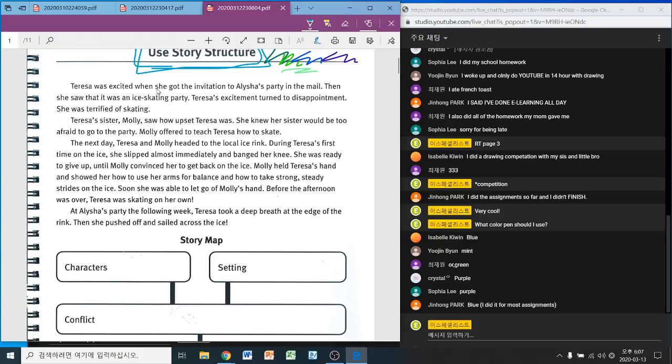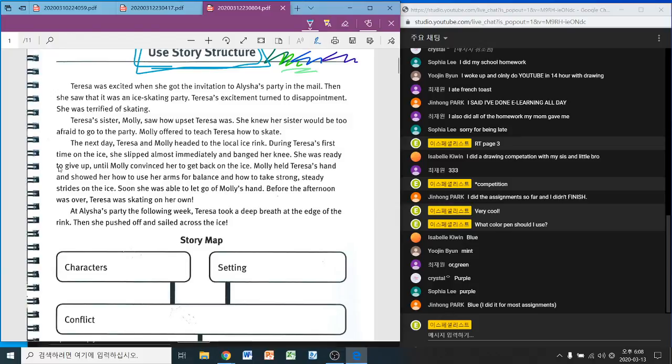Teresa was excited when she got the invitation to Alicia's party in the mail. Then she saw it was an ice skating party. Teresa's excitement turned to disappointment. She was terrified of skating. Teresa's sister, Molly, saw how upset Teresa was. She knew her sister would be too afraid to go to the party. Molly offered to teach Teresa how to skate. The next day, Teresa and Molly headed to the local ice rink. Rink is the place where you skate on the ice. During Teresa's first time on the ice, she slipped almost immediately and banged her knee.